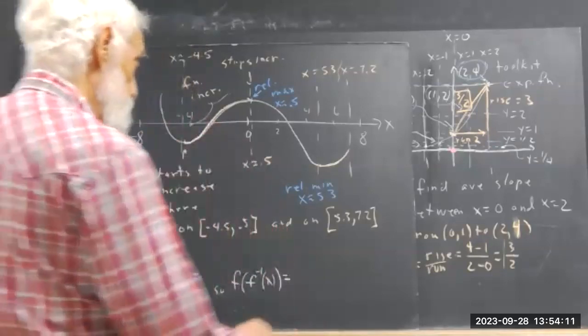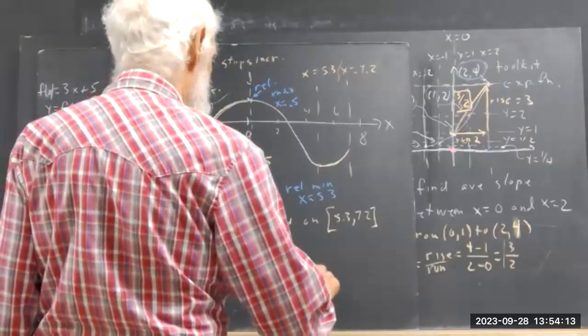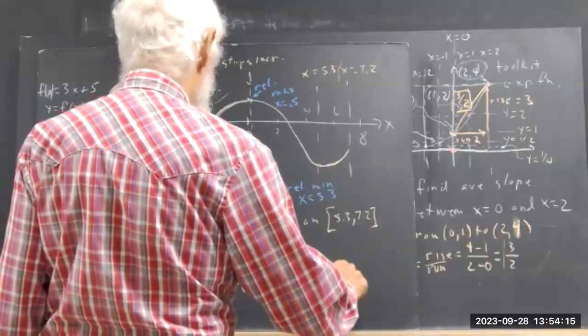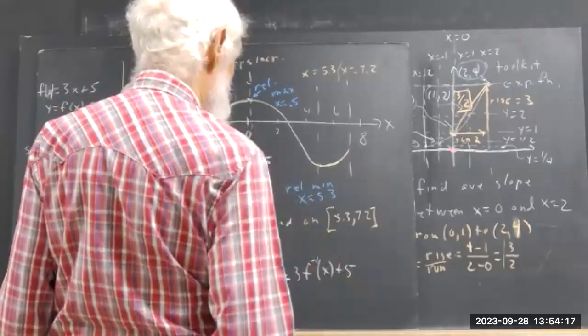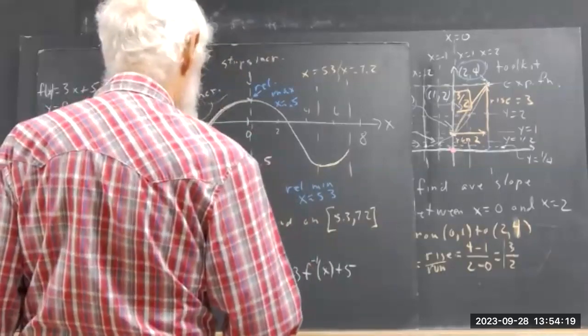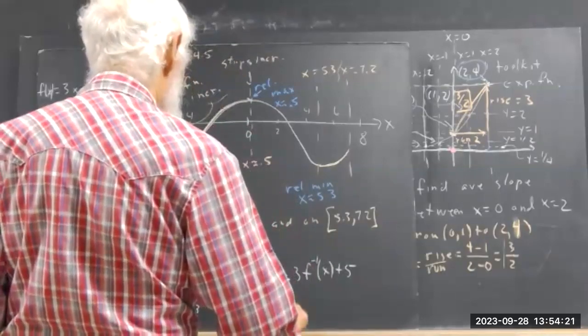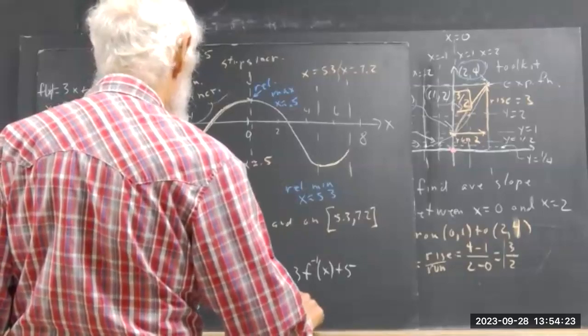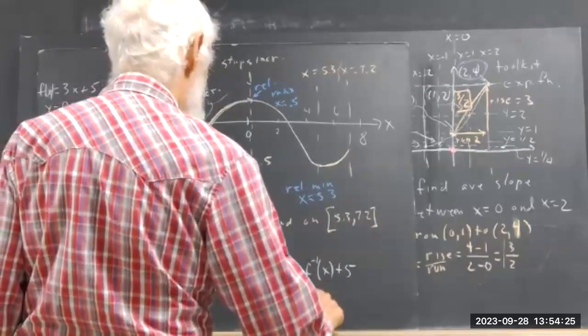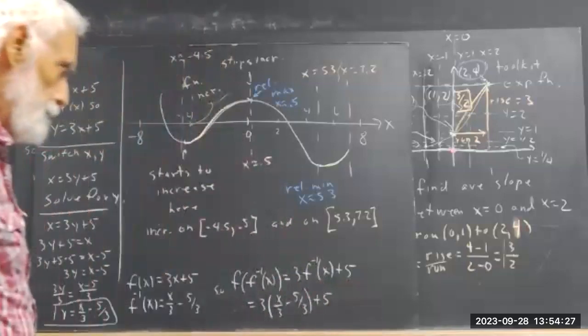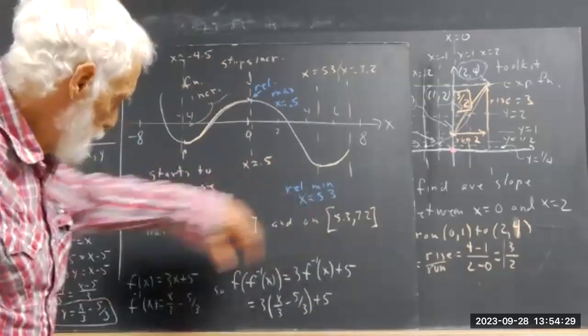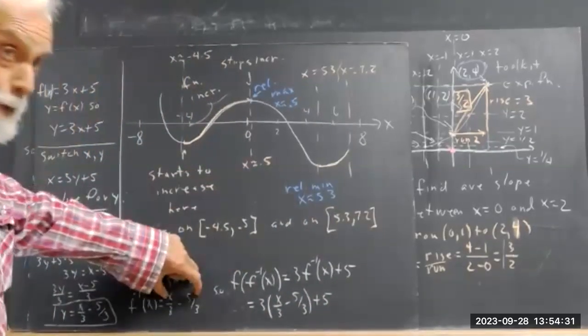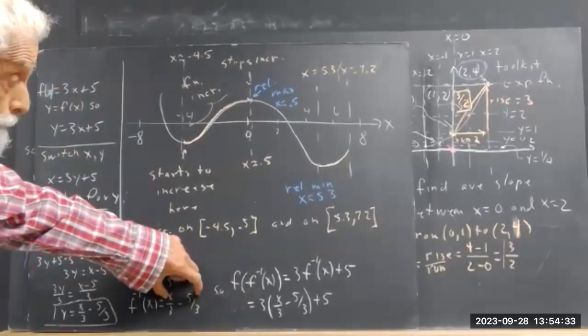If we replace this x by f inverse of x, we get 3 times f inverse of x plus 5, which equals 3 times x over 3 minus 5/3, plus 5. Again, replacing f inverse of x now by the formula for f inverse of x.